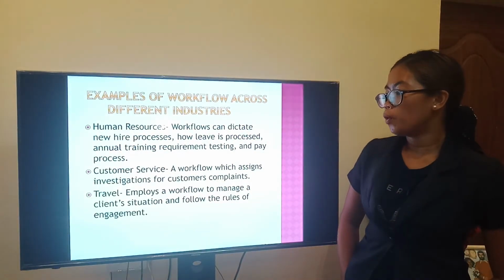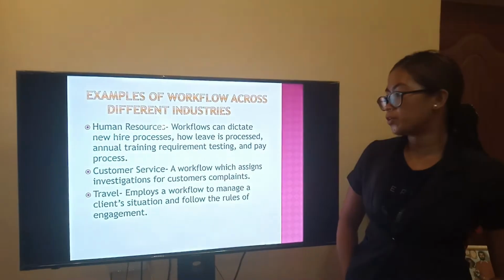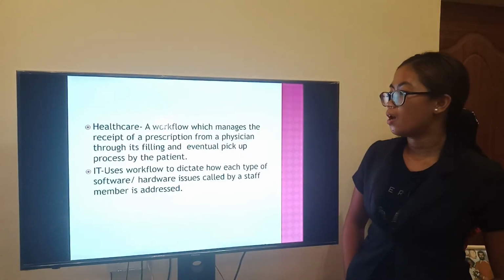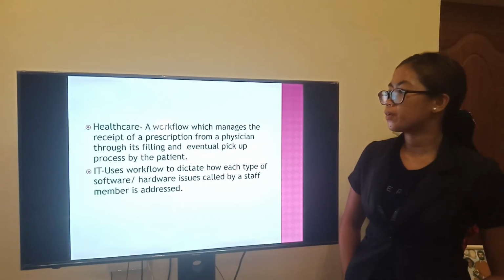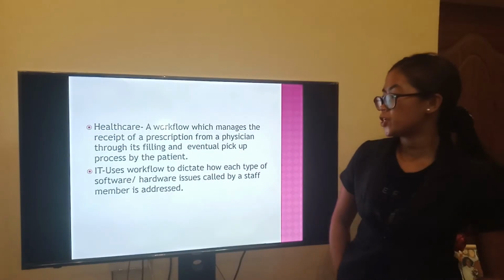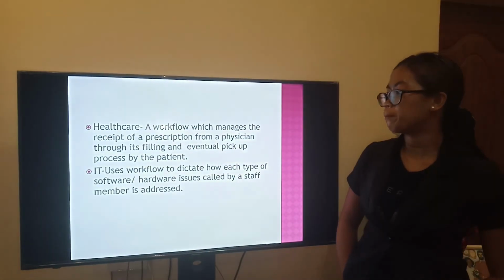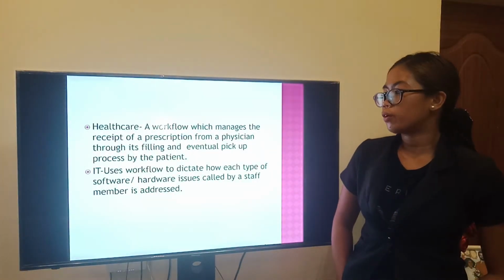Travel employs a workflow to manage a client situation and follow the rules of engagement. Healthcare, a workflow which manages the receipt of a prescription from a physician through its filling and eventual pickup by the patient. IT uses workflow.